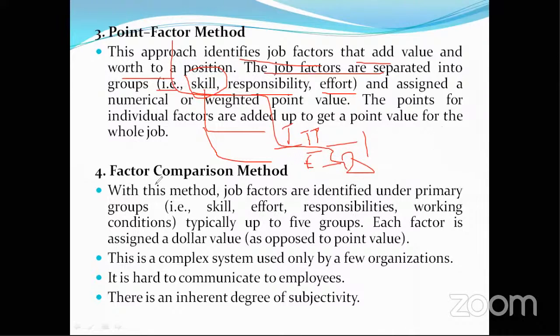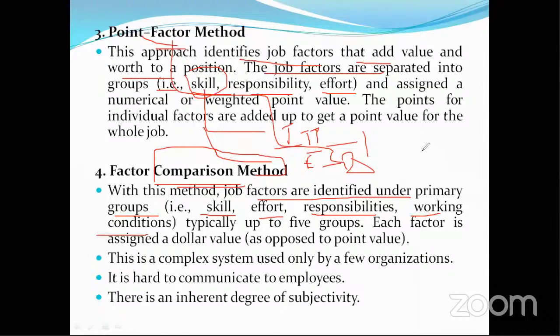So based on the points, you will give the job evaluation rating. Okay. The factor comparison method. Here, instead of points, you are going to compare directly. In this method, job factors are identified under primary groups. What is the skill required? What is the effort required? What are the responsibilities involved? What are the working conditions? Take the case of Singareni coal employees.